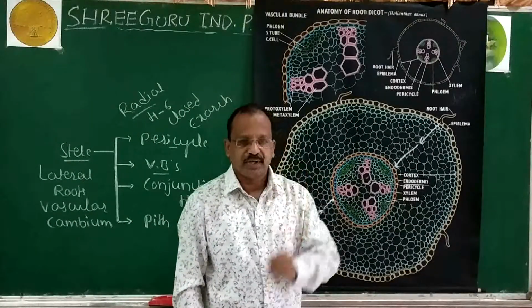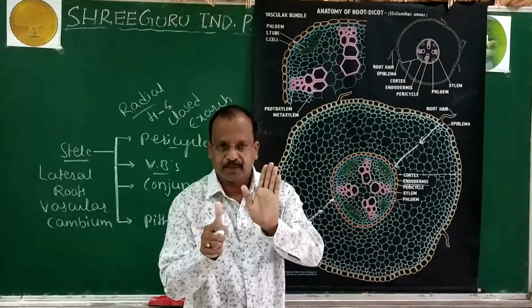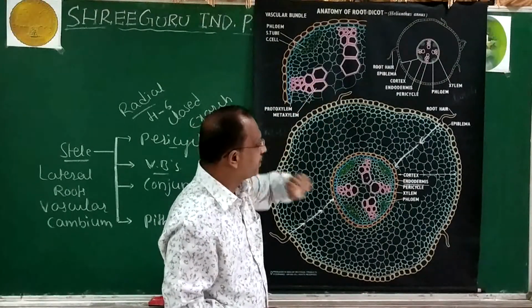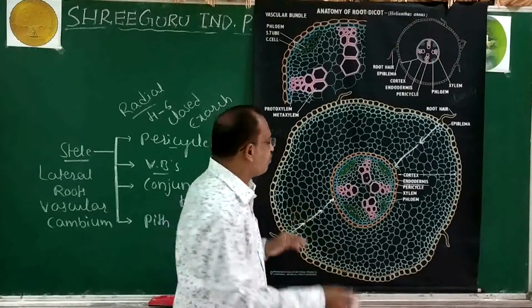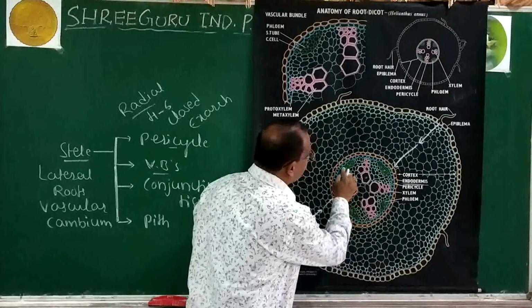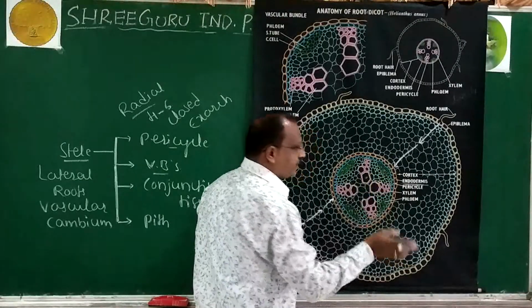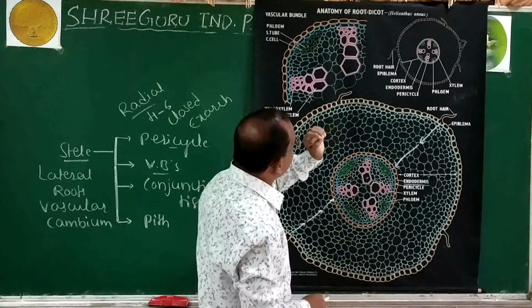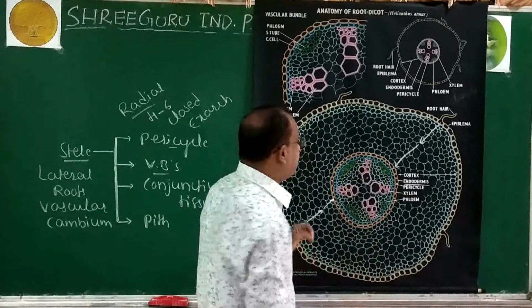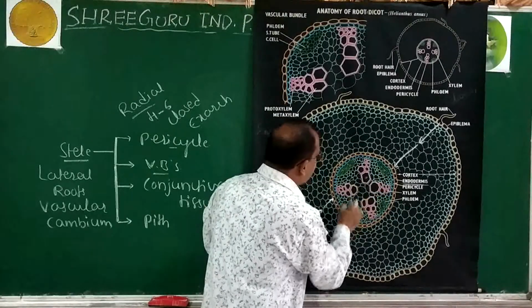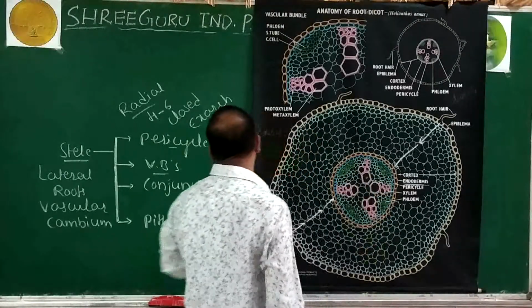Tetrarch means 4, hexarch means 6. Here, concerned with this sunflower, it is tetrarch. Four xylem patches and 4 phloem patches are present.